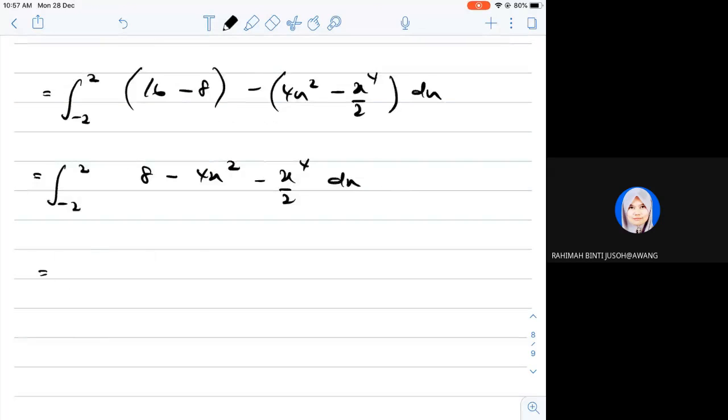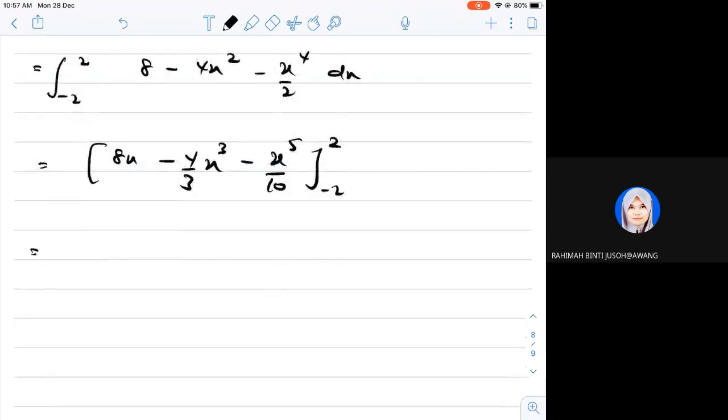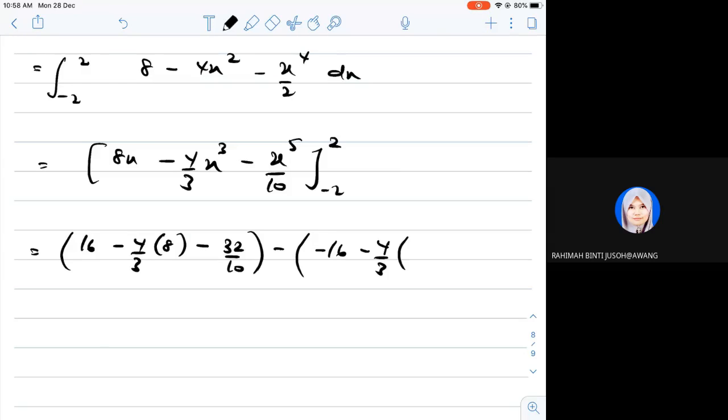Now we can integrate this. Substitute 2 and negative 2. So we will have 8 times 2 is 16, minus 4 over 3 times 8, minus 32 over 10. Okay, take out your calculator, guys. So negative 16, minus 4 over 3, negative 8, minus negative 32 over 10.